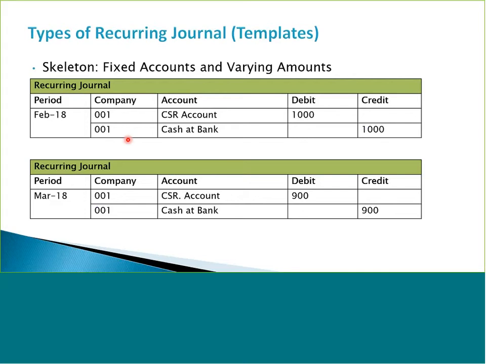So we define on the recurring journal template page the accounts, but we do not enter any amounts, because those amounts will be entered before posting the journal by the end users. Okay. So since we know all this, we are going to quickly go to the system and try to create a skeleton recurring journal template.